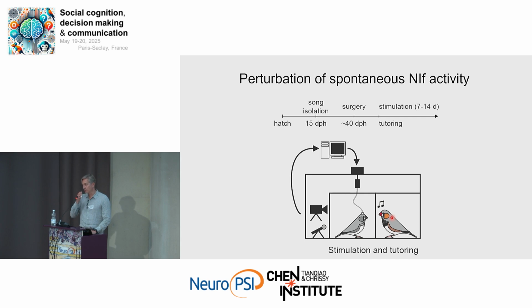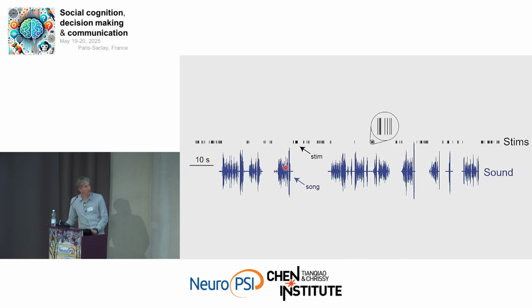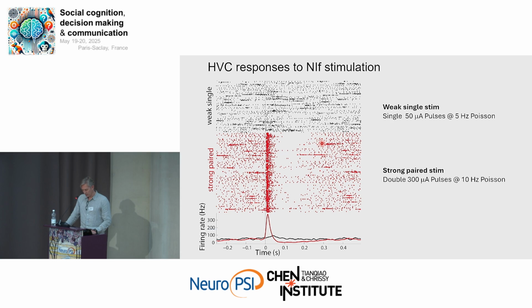We did not want to interfere with online processes, only offline. So here is the song of either the bird or the tutor. We don't distinguish between them. Mostly, of course, it's the juvenile, because it's alone most of the time. And here are the stimulations. You can see as soon as there's a break in singing, there is stimulation. So we really persistently go after perturbing neural activity.